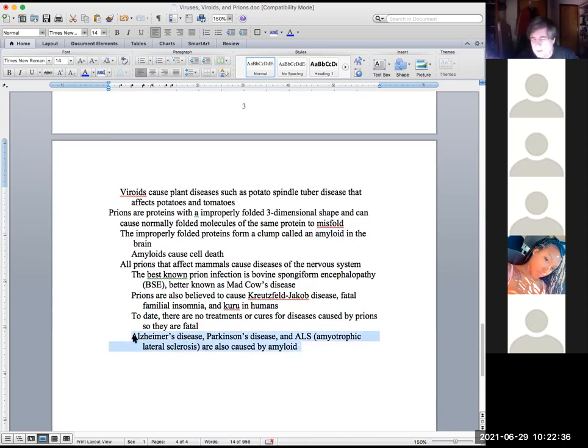Now, I want to emphasize right now, there's no evidence that Alzheimer's disease or Parkinson's disease or ALS is caused by a prion. But because they are caused by a similar clump of proteins, we'd like to learn more about how prions work, because that might give us some clues about treating these diseases. Right now, we don't know too much about them.